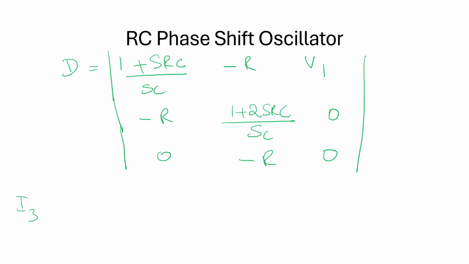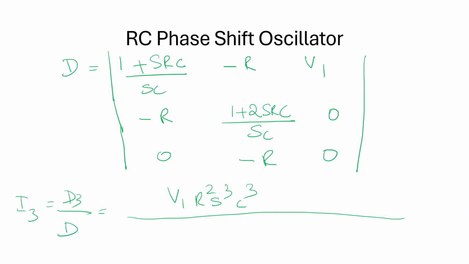And the I3 value is equal to delta 3 divided by delta. Why I3? Because we are obtaining the output voltage across that loop. Vi R squared S cube C cube, the whole divided by 1 plus 5SRC plus 6S squared C squared R squared plus S cube C cube R cube.